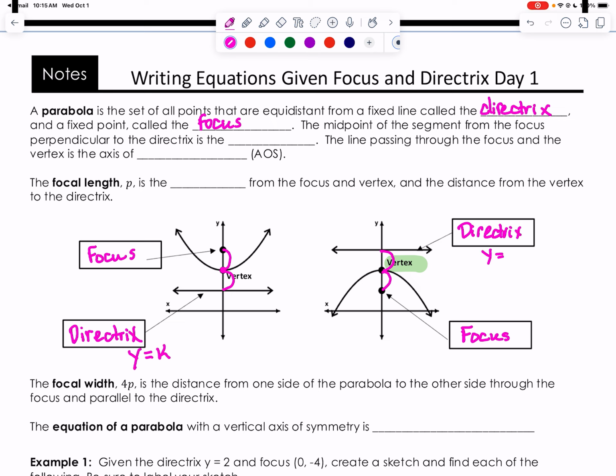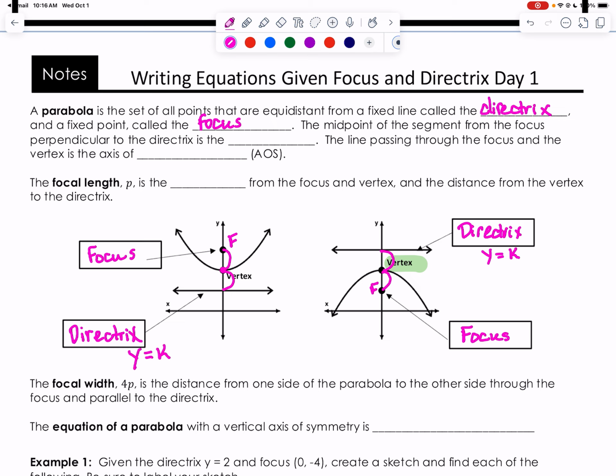And again, the formula for the directrix is y equals k. Now, one thing I want you to notice is the parabola always opens towards the focus point. So if the focus point is above the vertex, the parabola will open up. If the focus point is below the vertex, the parabola is going to open down.